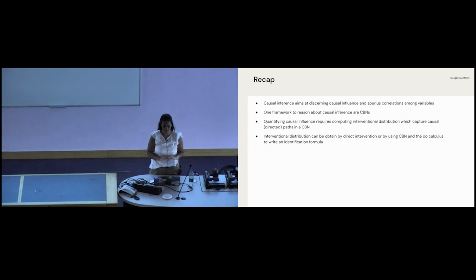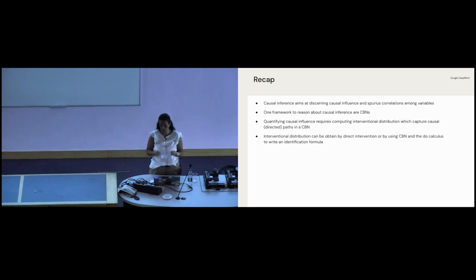Okay, so I'll stop for 2 minutes now, but I'll just give you a recap first. What we've seen so far is that causal inference aims at discerning causal influence and spurious correlation among two variables. The framework to reason about causal influence and causal inference is the causal Bayesian network.